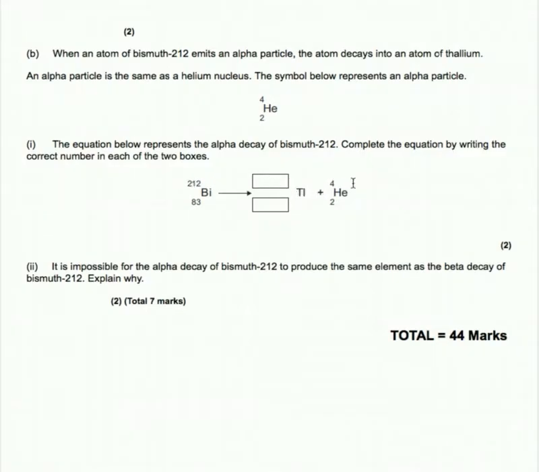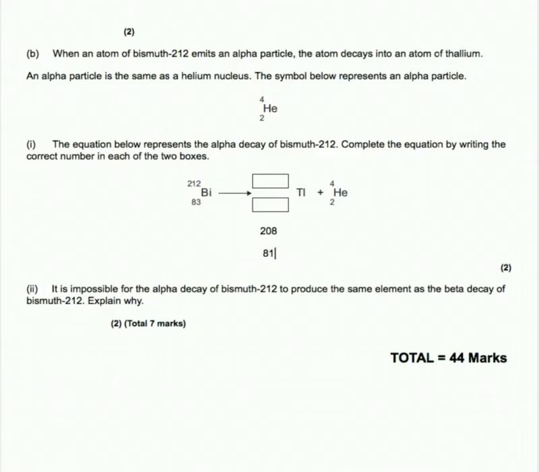So balancing nuclear equations, you're saying the number over here and these two added together have to be the same. The number over here and these two added together have to be the same. So this has to be 4 less than 212. It has to be 208. And this has to be 2 less than 83. It has to be 81. I can't actually write in these boxes.